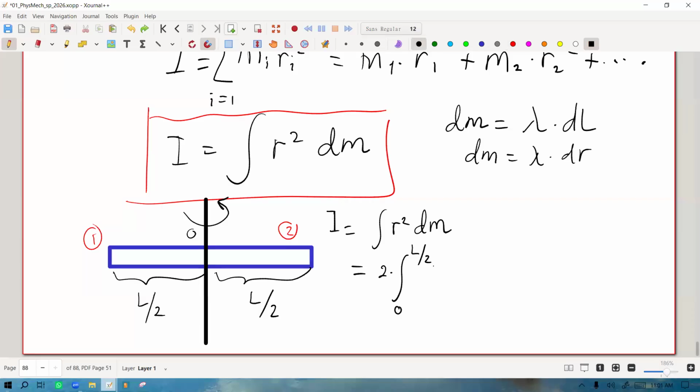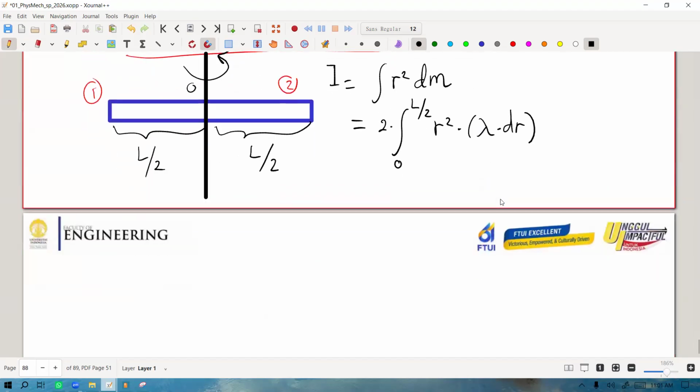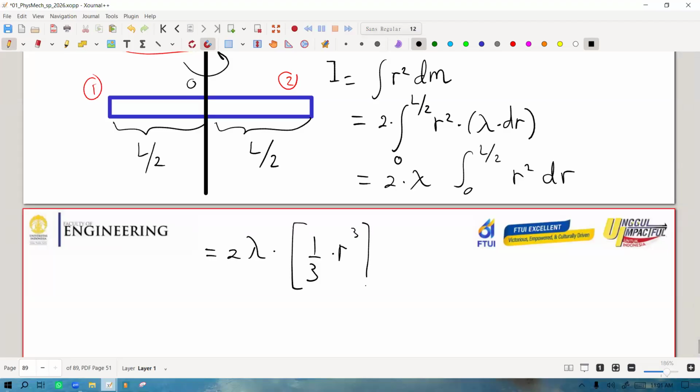So here r squared dm is alpha r squared dr. I can take the integration and move alpha out: 2 times alpha times the integral from 0 to L divided by 2 of r squared dr. The result of the integration becomes r cubed over 3, from 0 to L divided by 2.